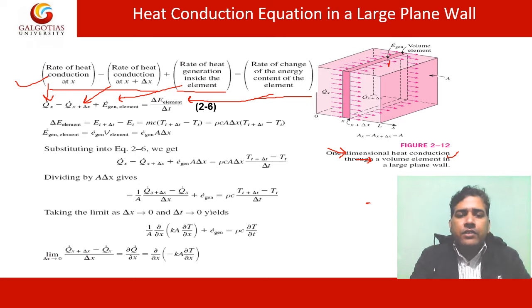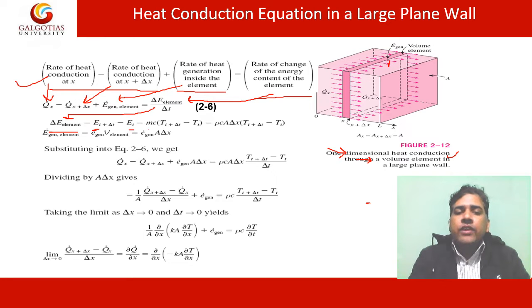we can start simplifying or elaborating this equation. Let's say, what is the change of the energy content, or this value of the system, what is the total energy content of the system. Okay, so this can be described as the energy content at time t plus delta t, minus the energy content at time t.